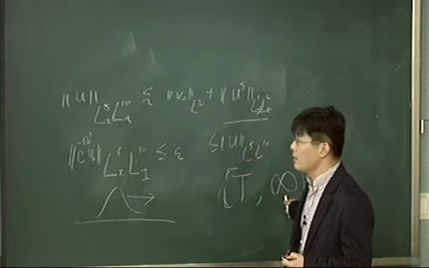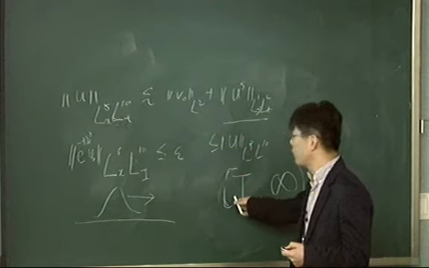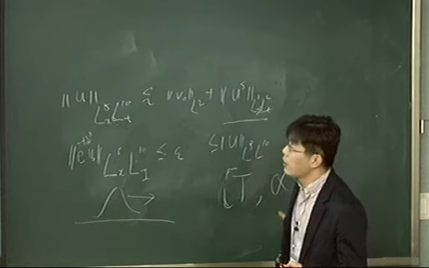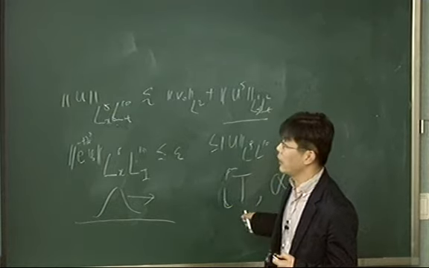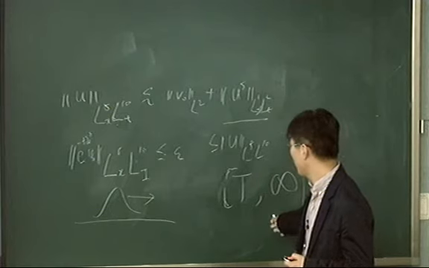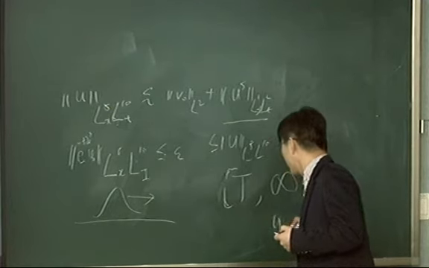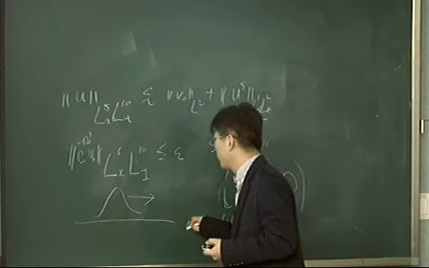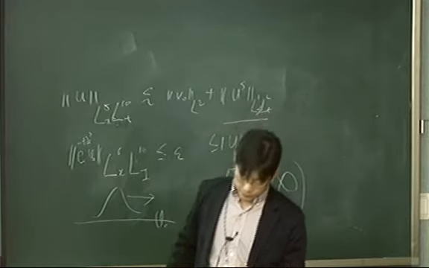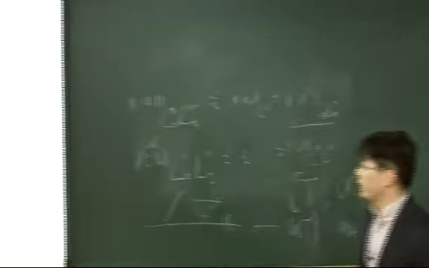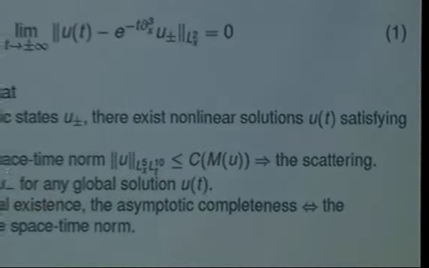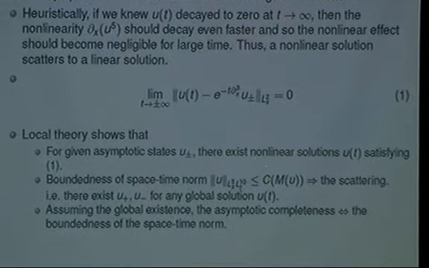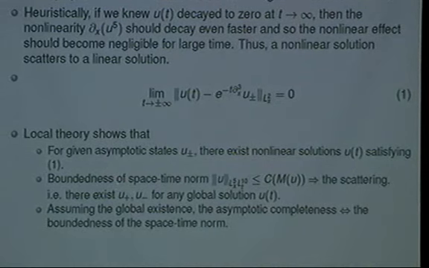So for a given asymptotic state, for sufficiently large time, we can use the local theory because the space-time norm of the linear solution is small. Once you find u of t from the asymptotic state, then by the global existence, we can find the initial data for any time. So this is one result of the local theory.